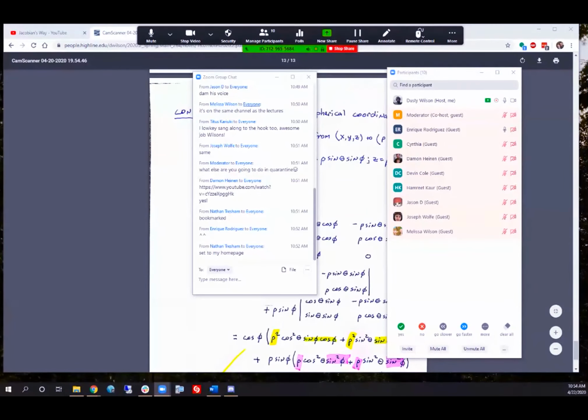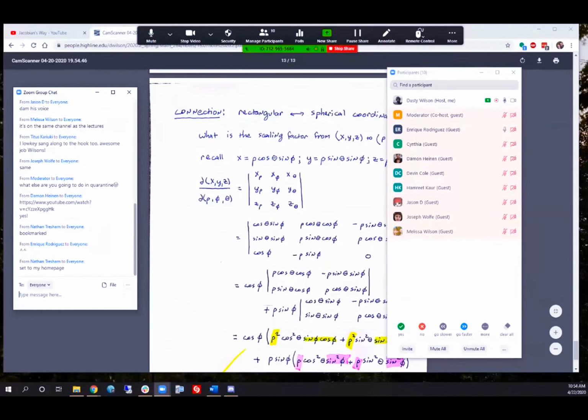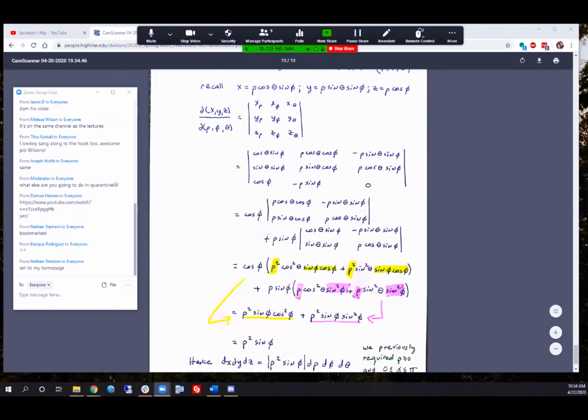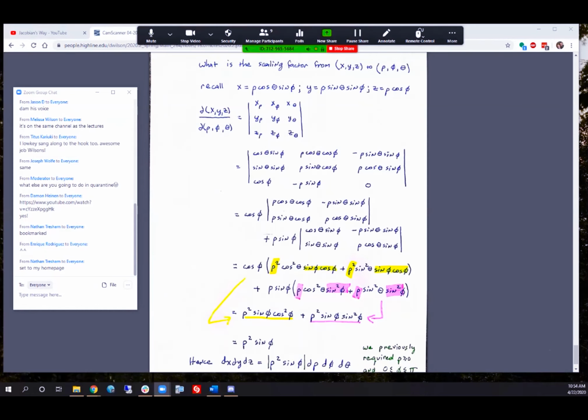Let me see if I can pull it up. Because if there's one thing I like saying, it's the Wronskian. It's a pretty amazing word. So you were looking at this bit right here? Yeah, it's the thing where you pick one and you don't do that row or column, and just do the other.